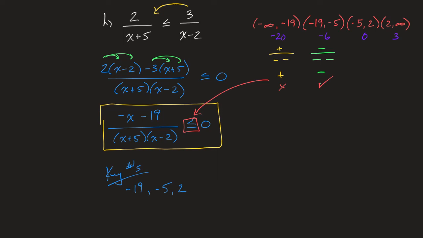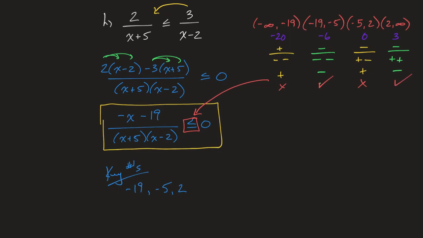My top is negative. My bottom is a positive times a negative. So that would be a negative over a negative, which is a positive. And that is not what I'm looking for. Sub in my 3, that's a negative on top, divided by a positive times a positive. That is a negative over a positive, which is a negative, and that is what I'm looking for.